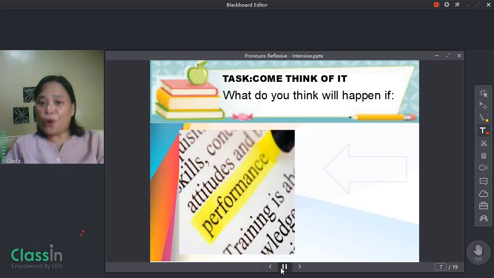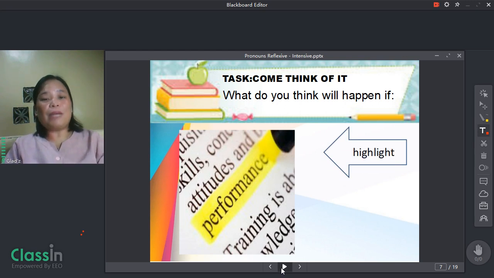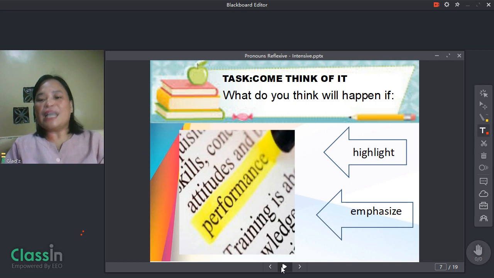Of course, the text will be highlighted, or it emphasizes the written word when you use a highlighter. So do you know, class, that we also have a kind of pronoun which is used to highlight and emphasize the subject in the sentence?